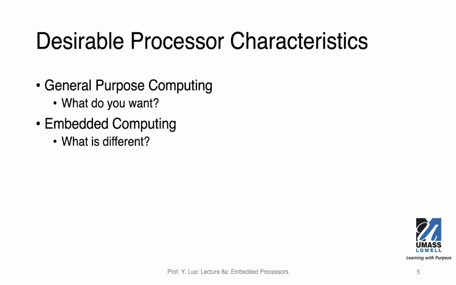But for general purpose computing, you will weigh performance more than the power consumption. But it's always a balance of how much you want to sacrifice on power consumption to get higher performance. When you have a laptop, you have a general purpose processor based on Intel or AMD processors.